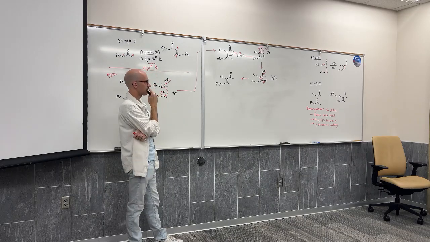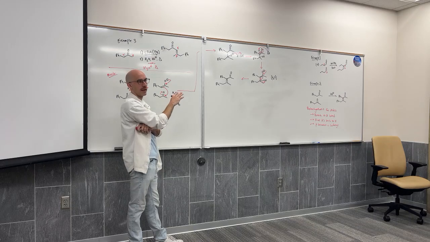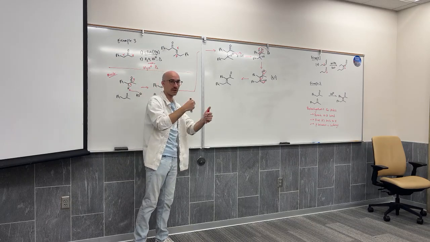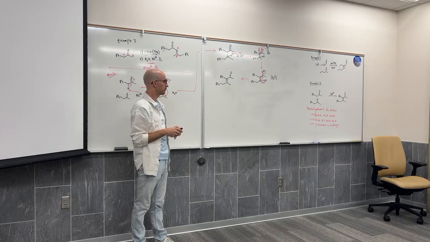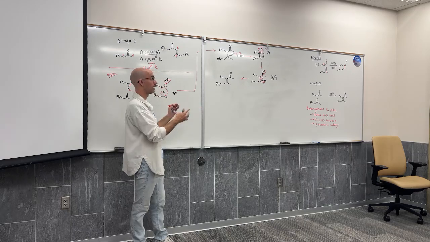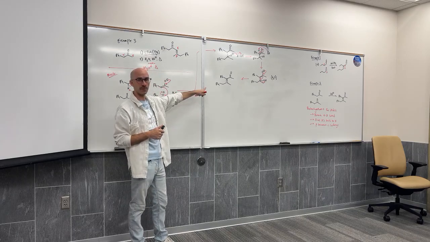What I'm trying to demonstrate to you guys is that if you can get to any point in a mechanism, you should be able to try and reason your way to what needs to happen next just by comparing it to the final product. You know what you need to get, what needs to happen. There's one more thing that's produced in this step.